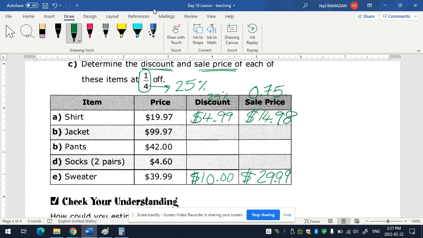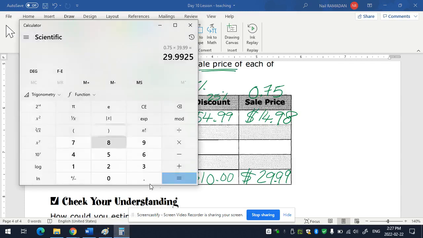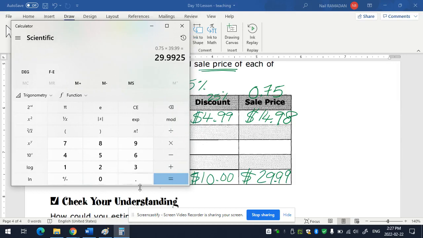How much are you discounting? Great. So you are getting off of the price how much? You are 0.25 times 1997. So you're saving how much? Okay, I did multiplication too.